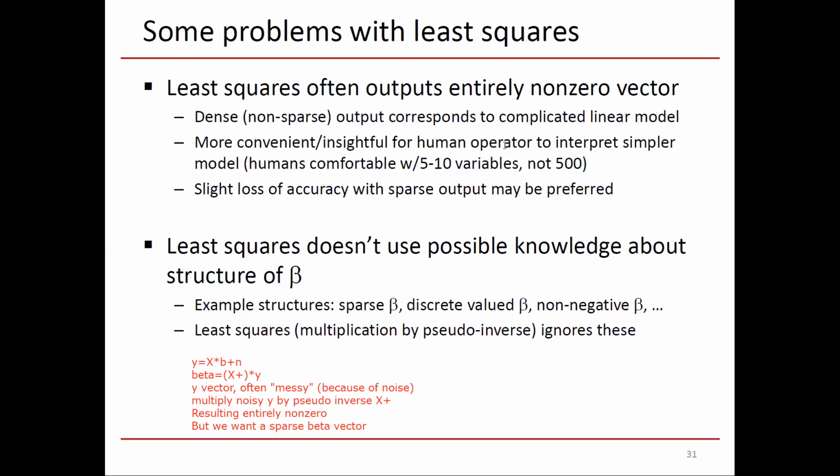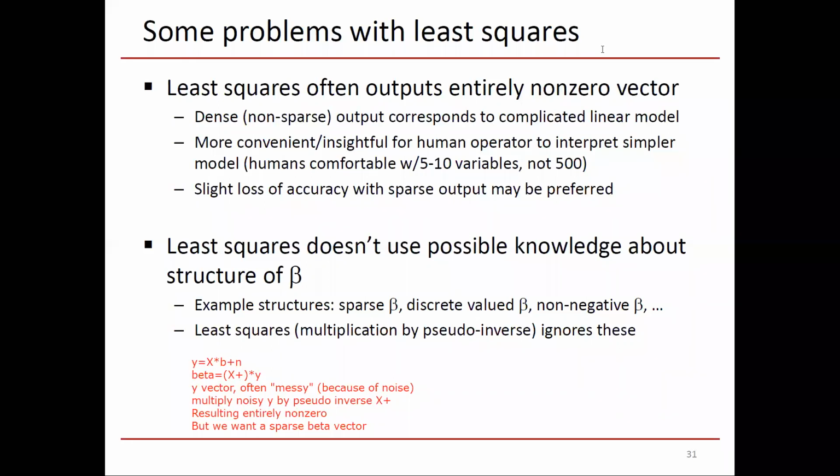It could be discrete valued in a communication problem that we're soon going to describe. It could be non-negative. It could be plenty of structure. Least squares doesn't know that. All it does is multiply a vector by a matrix. That's it. And if you add in this extra knowledge about the possible structure of beta, you might do better. That's the key point. So least squares is a linear method, linear because you multiply by a matrix, but it is suboptimal.